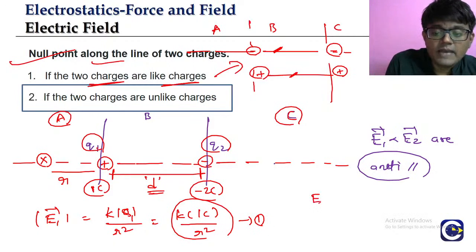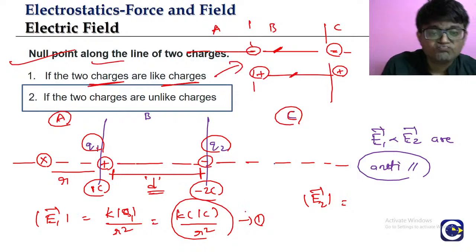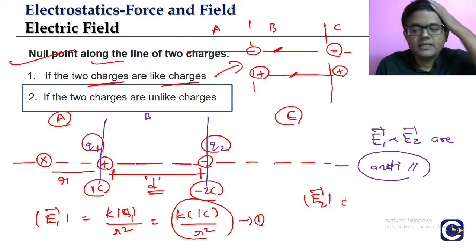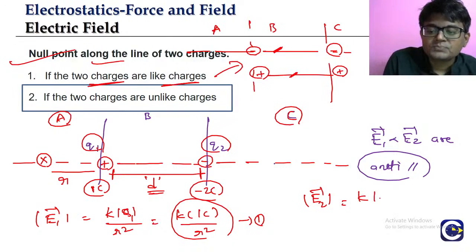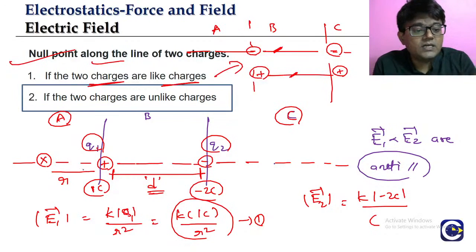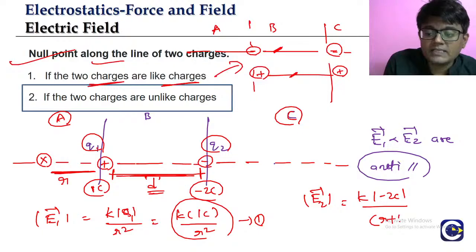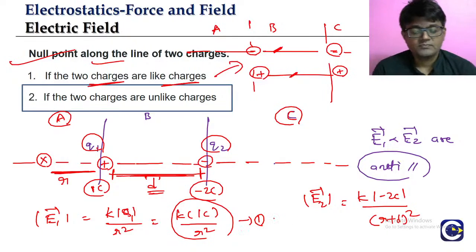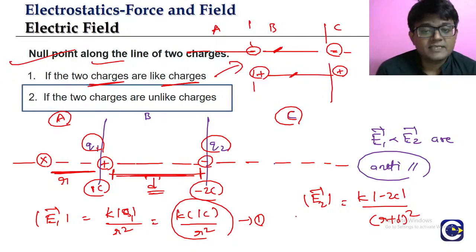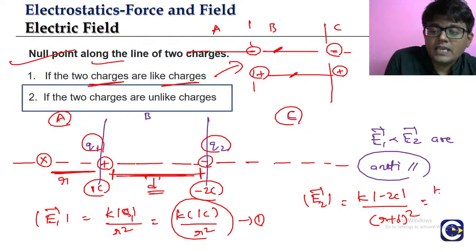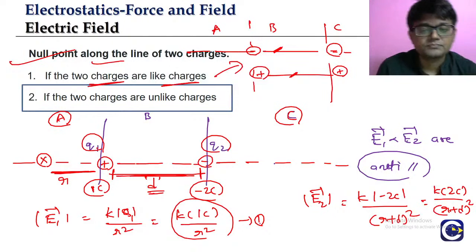Now look at the magnitude of E2. It is k into modulus of -2 coulomb divided by the distance of the point from q2, which is r plus d, the whole square. So it is k into 2 coulombs by r plus d the whole square.